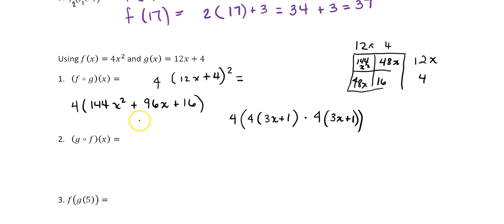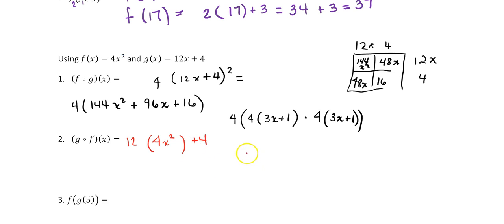On this one, I'm going to have my f as my input. I'm going to use a different color just so it's easier to see which one's which. So my f is going to be my 4x squared, and then I'm going to plug that into my g, which is 12x plus 4.